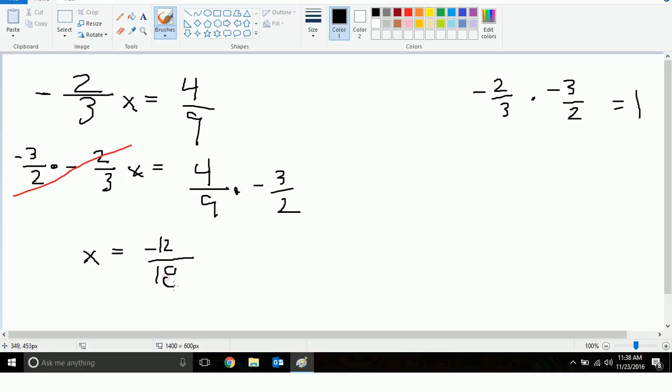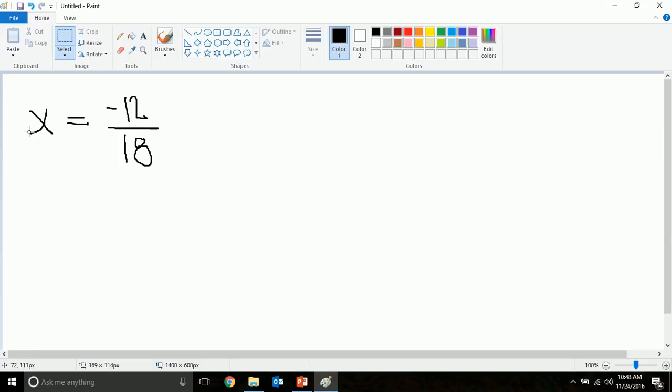The problem is we have to reduce. Now we need to reduce negative 12 over 18. So let's look at the factors that divide both of them. Negative 12 can be divided by 2, 3, 4, and 6. 18 can also be divided by 2, by 3, not 4, but it can be divided by 6.